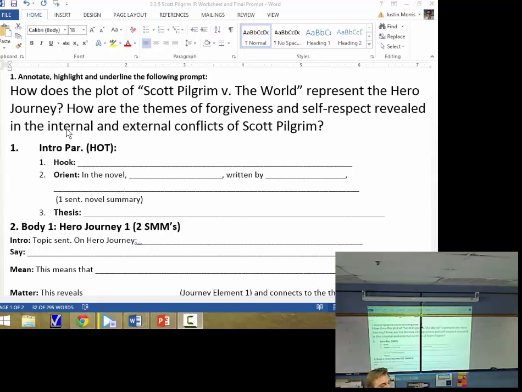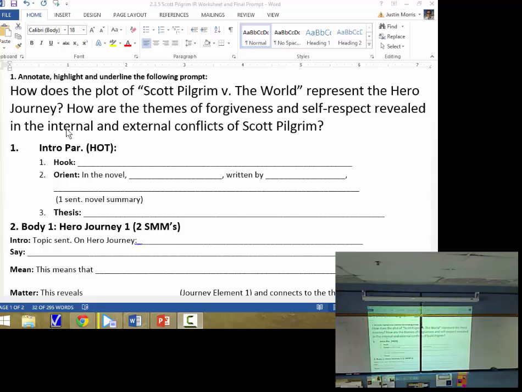So on that paper, I want you to write down three things. We're going to write these on the board just for those of you who maybe need some help with this. Right now, I want you to write down the three things I have right here on my paper. Number 1, event. Number 2, the hero journey type or the hero journey element. Like what part is it in the hero journey?